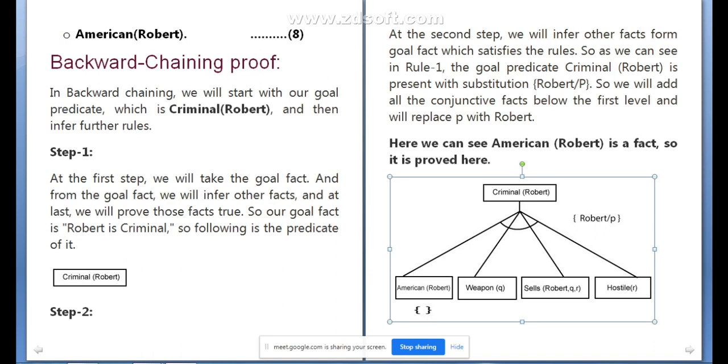So what will we start with? Our goal. And what was the goal? What we have to prove: that the robot is American and he is a criminal.